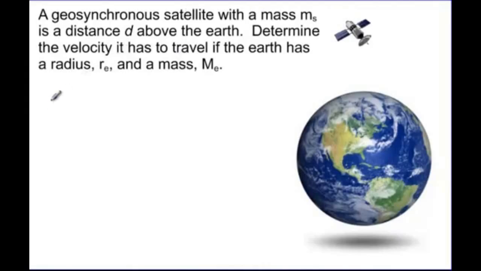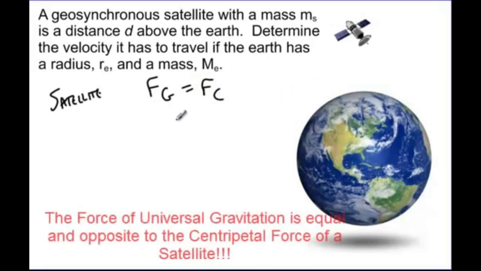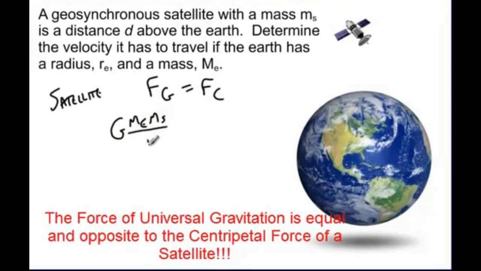So whenever we have a satellite problem, what you want to do is go to an equality, which is force of big gravitational pull is equal and opposite to the force of centripetal motion, what we just studied. And so we have G times m1, that's the mass of the Earth, m2, that's the mass of the satellite, over r squared. And what is moving centripetally?